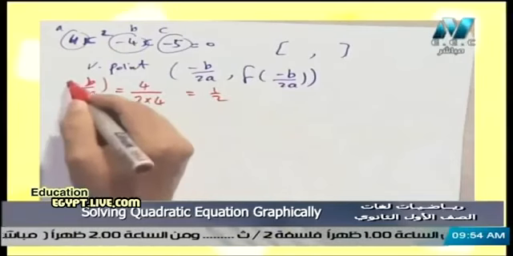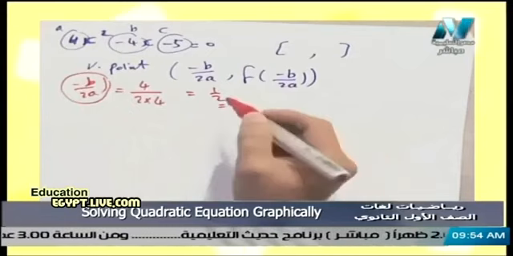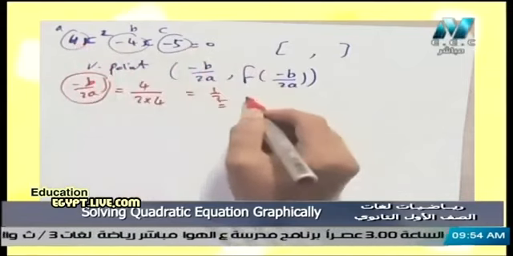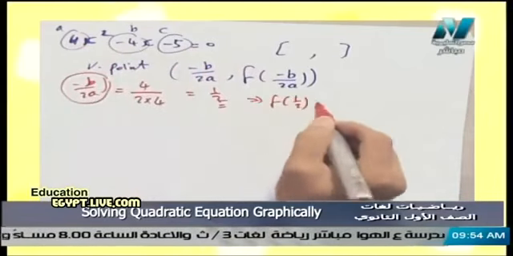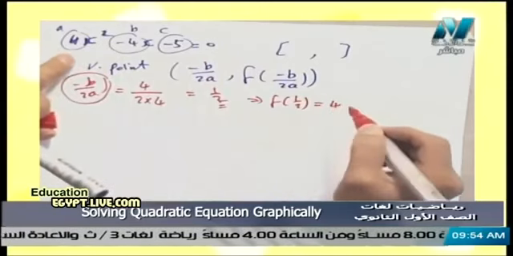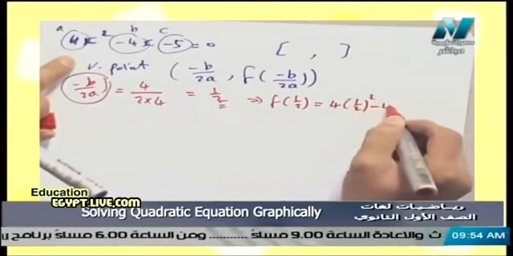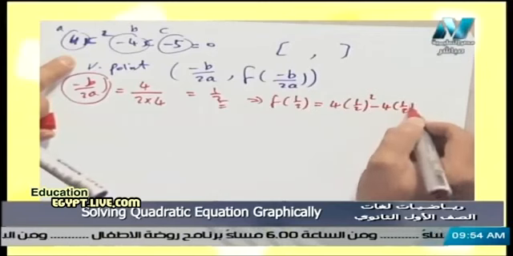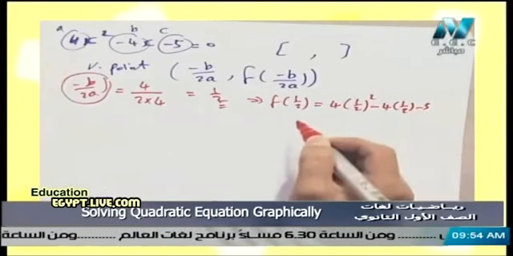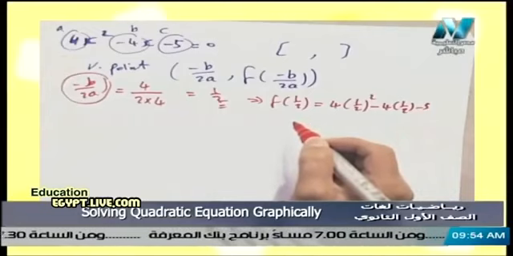And we will substitute half here to find the function. f of half equals 4 multiplied by half power 2 minus 4 times half minus 5, and the answer will be negative 6.